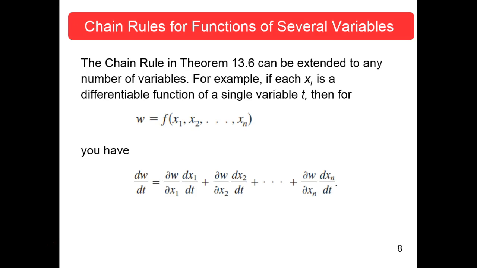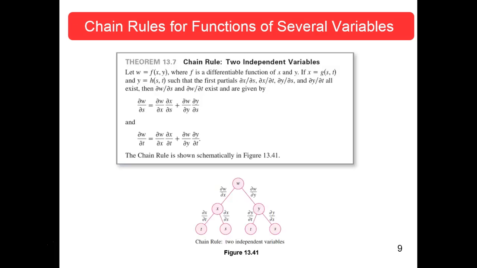Then you have dw/dt is the partial of w with respect to x_1 times the derivative of x_1 with respect to t, plus the partial of w with respect to x_2 times dx_2/dt, and so on up to the partial of w with respect to x_n times dx_n/dt. Just a simple extension of what we were just doing.